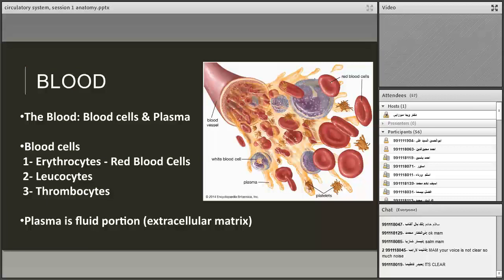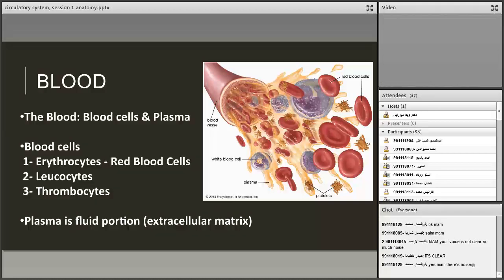Let's talk about the blood. The blood is a kind of modified connective tissue. You know, all of the connective tissues have cells and a kind of extracellular matrix.